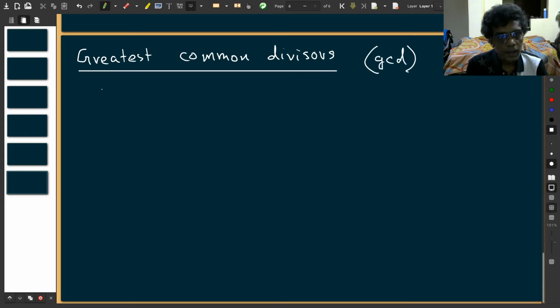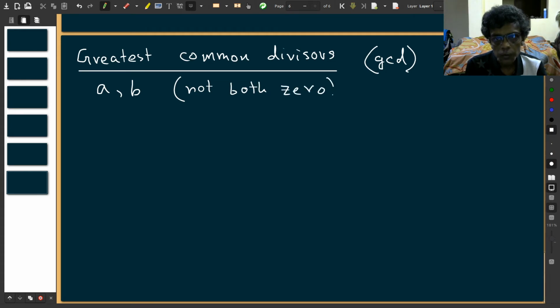Suppose that I am given two integers a and b, not both 0. One of them is allowed to be 0, but the other one is non-zero.